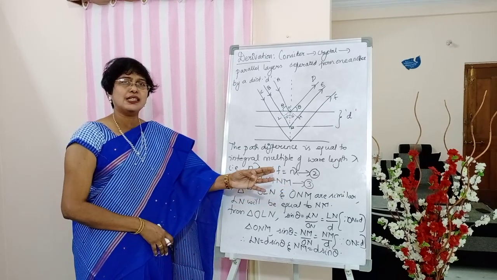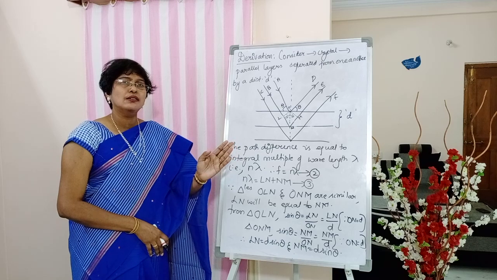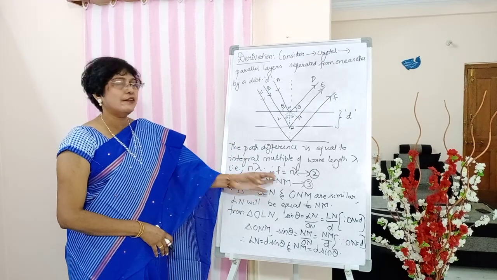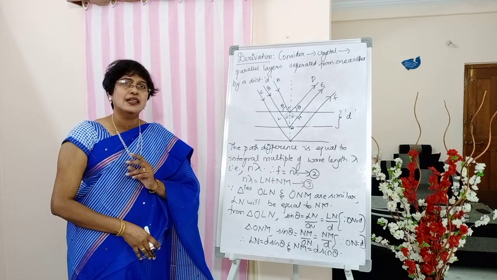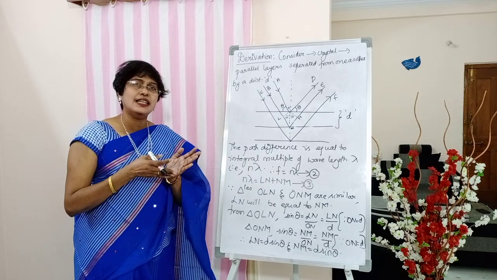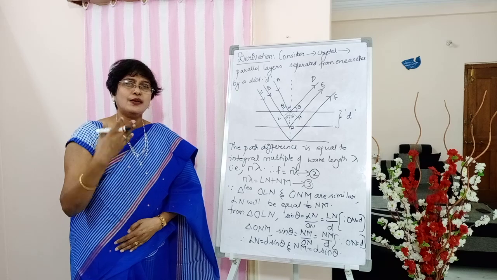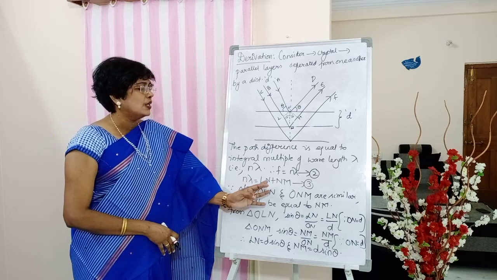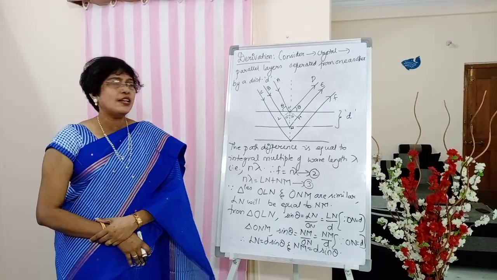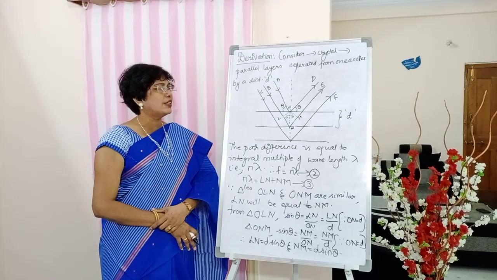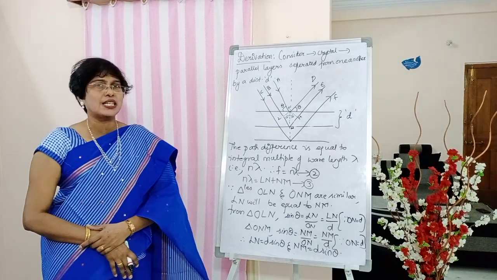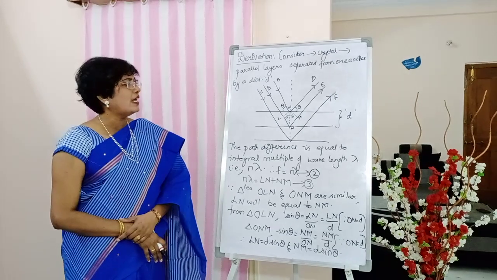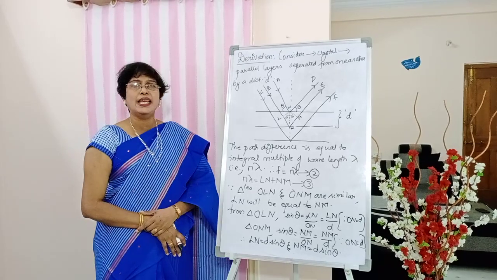Students, look at equation 1: F is equal to LN plus NM. Equation 2: F is equal to n lambda. Both the equations have F on the left side, so we can equate the right hand side portions. Hence, n lambda is equal to LN plus NM. Also look at the diagram carefully, students. There are two triangles which are similar, OLN and ONM.